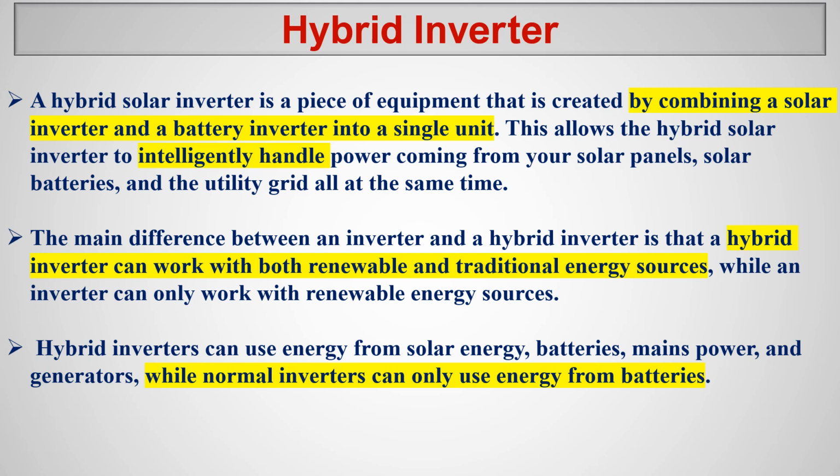The normal inverter has a lot of limitations, but the hybrid inverter is a smart inverter. Whatever function you are expecting, you can do through the hybrid inverter. So that's another difference, and it can take power from batteries as well. The hybrid inverter can take power from the battery and convert it into AC current.